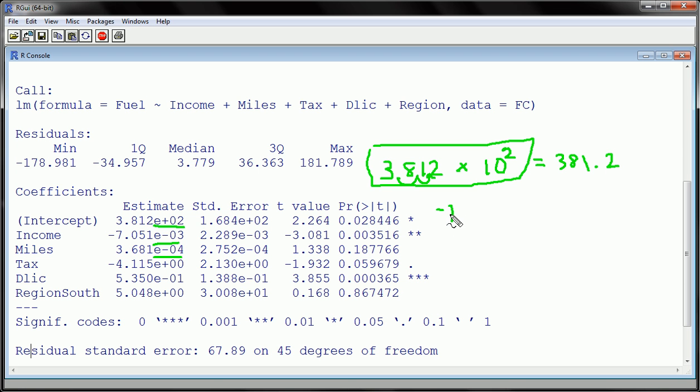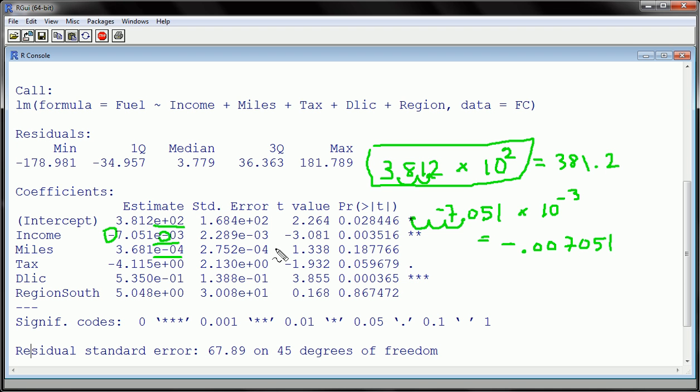Negative 7.051 times 10 to the negative 3. Negative 3 means go to the left 3 places: 1, 2, 3. And place the decimal there. So this equals negative, because it was negative here. That doesn't have to do with this negative sign in the exponent. Those are two separate things. So this is negative 0.007051.